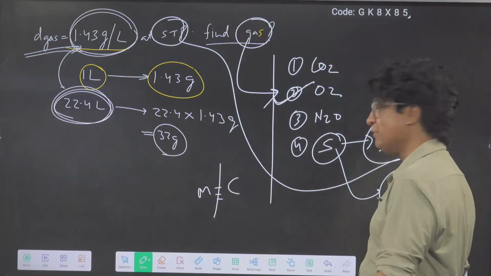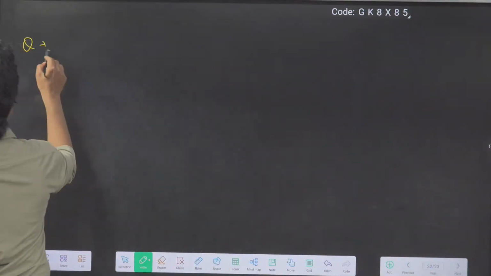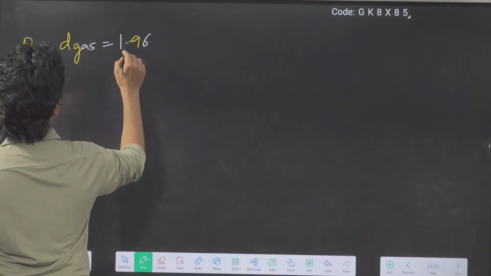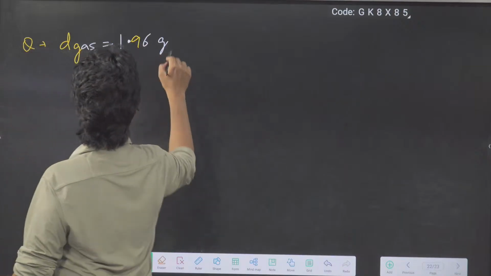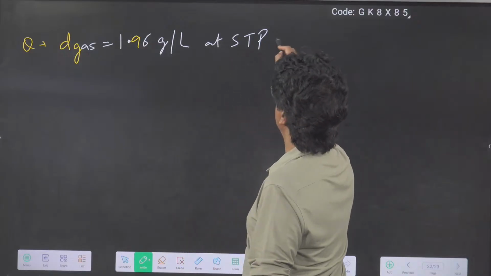Can I give you one more question now? Okay, chalo. Density of a gas is given as 1.96 gram per liter at STP. Identify the gas.